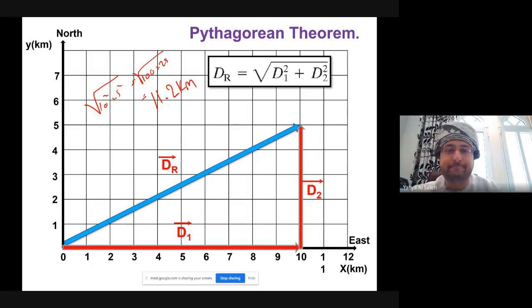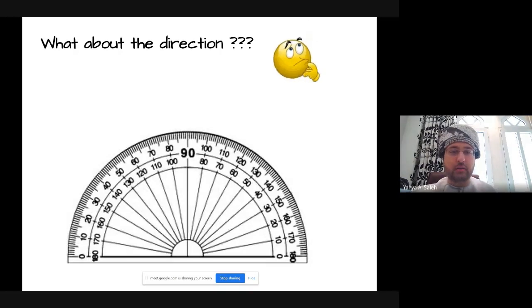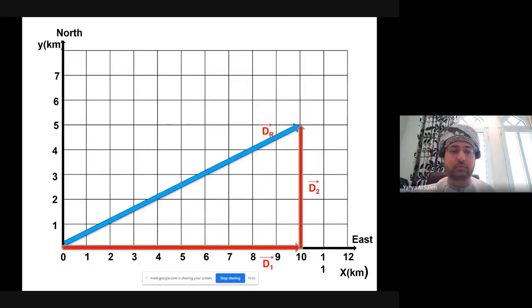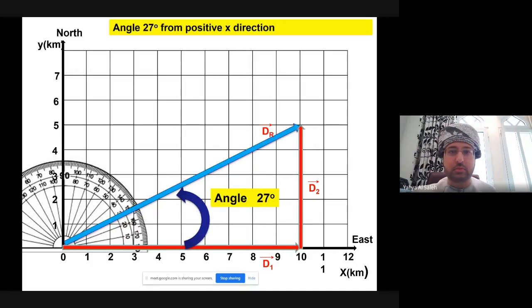Okay. What about the direction? How do I figure out the direction now? I know it's 11 in that direction, but how do I really define or write down that direction? Well, I can give it using an angle. I can measure the angle between these two, and it's 27 degrees. Otherwise, what I can do is 5, 10.